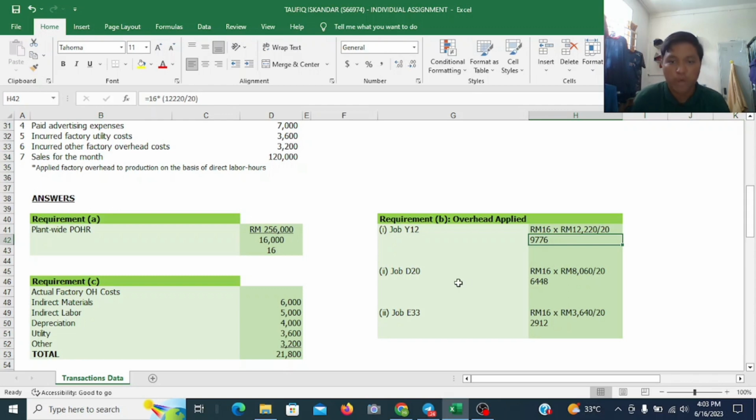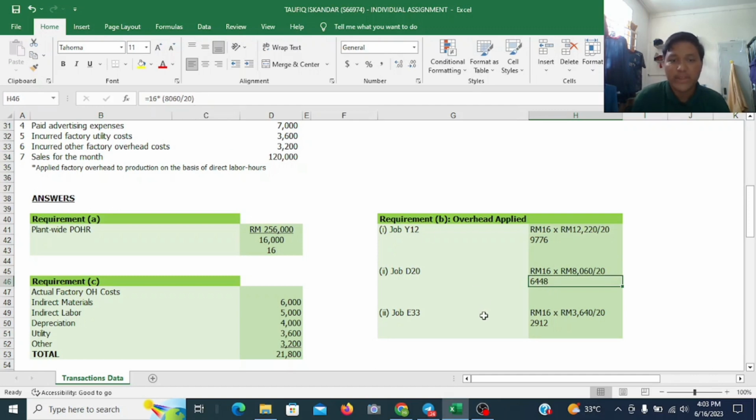For job D20, 8,060 ringgit divided by 20, we get 403 direct labor hours. 403 times 16, we get 6,448, or we can use this formula bar.